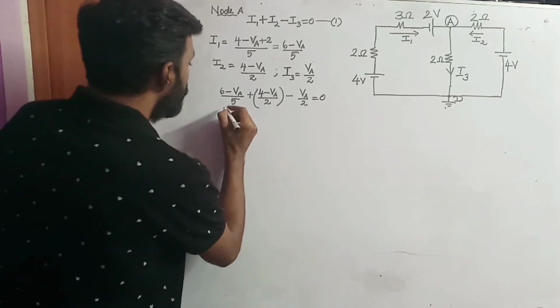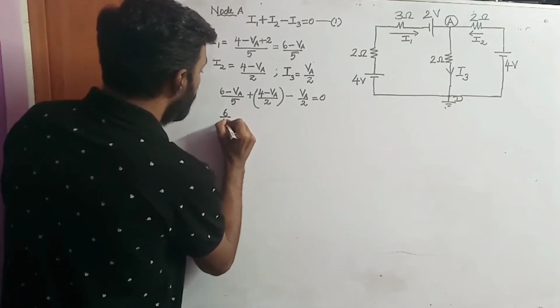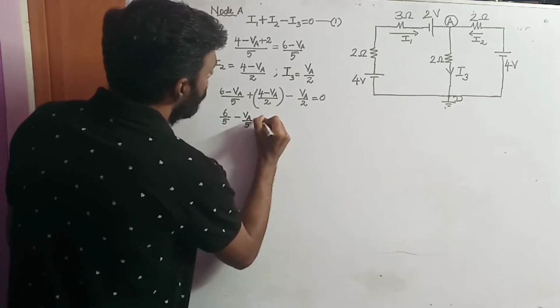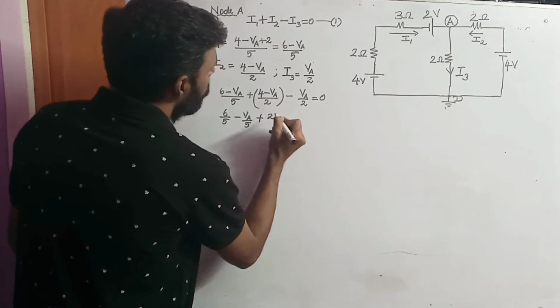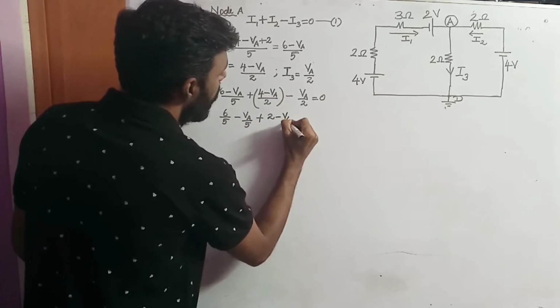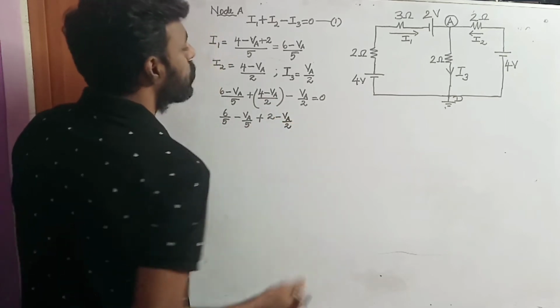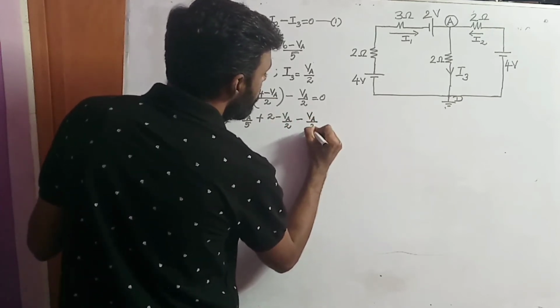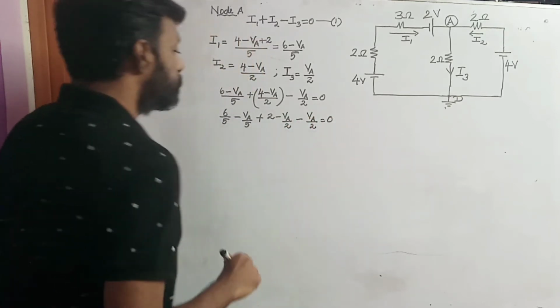So now what I'm going to do is 6 divided by 5 minus VA divided by 5 plus 2 minus VA divided by 2 minus VA divided by 2 equal to 0.